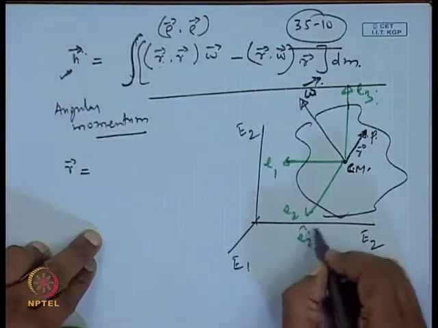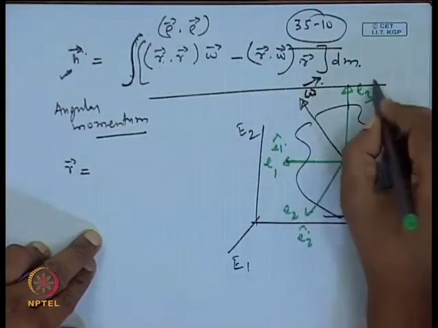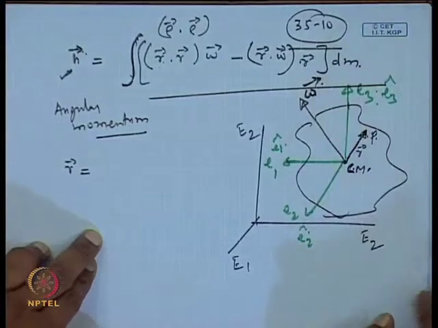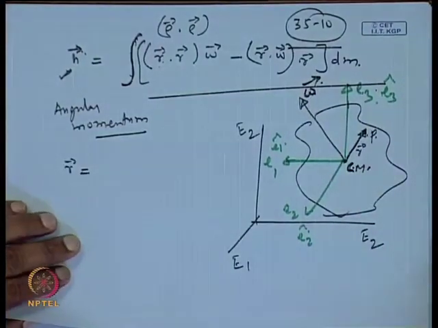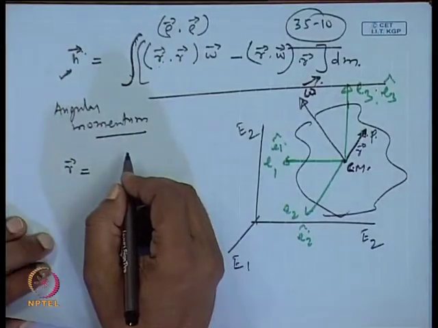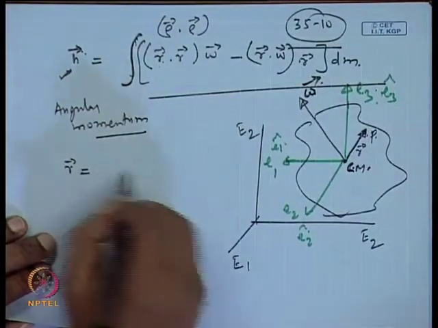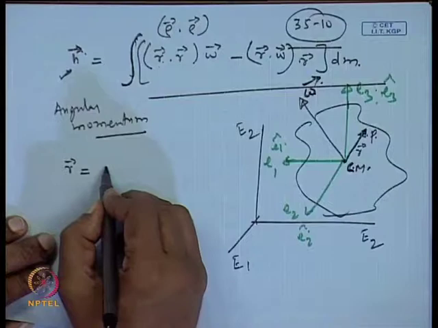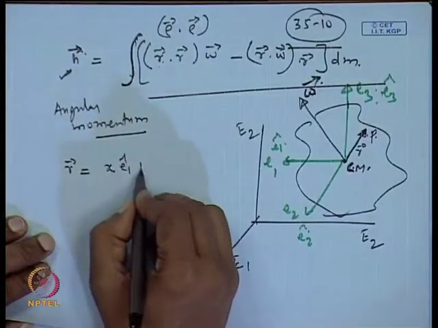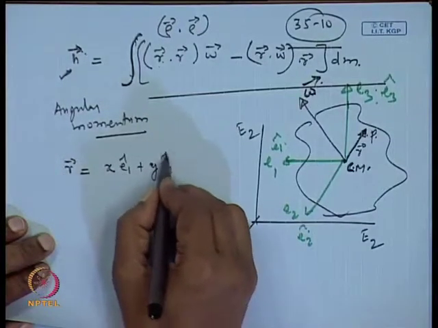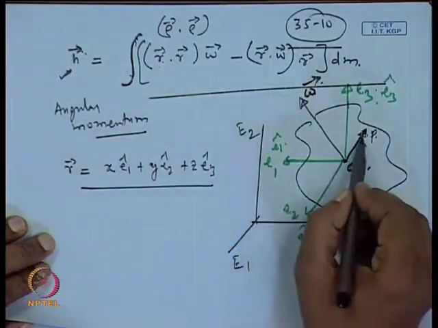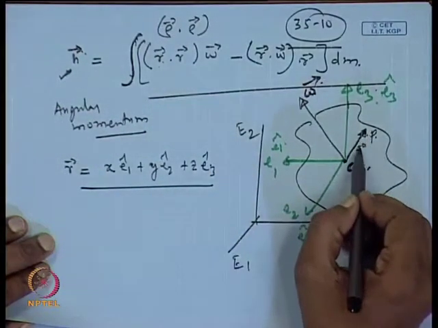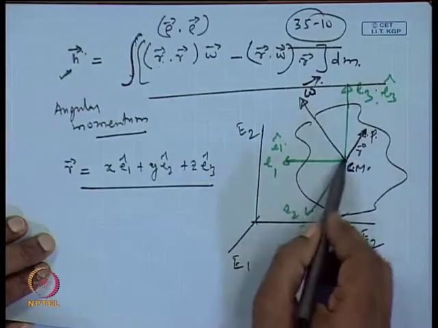So, this was E 2 cap, E 1 cap unit vectors, and E 3 cap in this direction. So, r we can write in the notation of x E 1 cap, y E 2 cap and z E 3 cap. We are representing this vector r in the body reference frame.